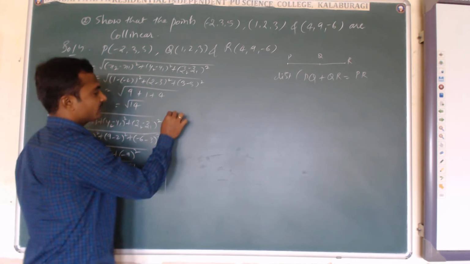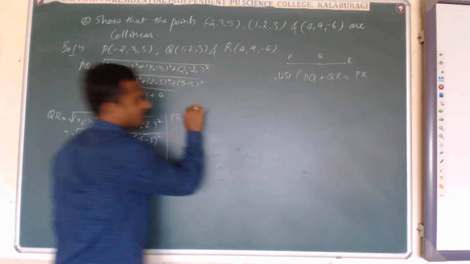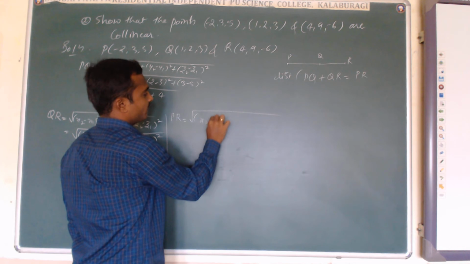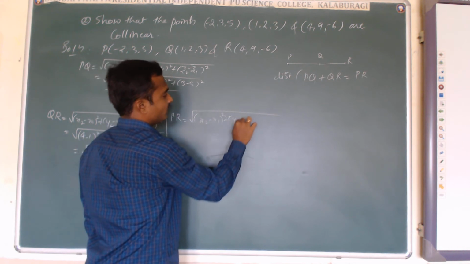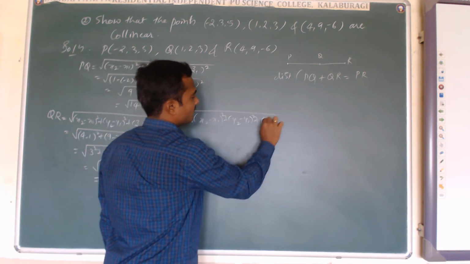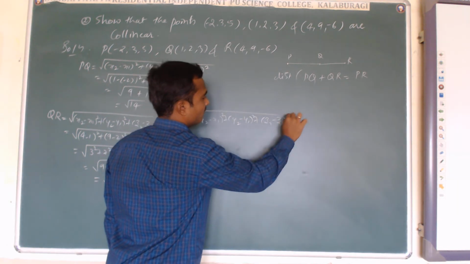Let's find the distance PR. The same formula: root of (x2 minus x1) whole square plus (y2 minus y1) whole square plus (z2 minus z1) whole square.